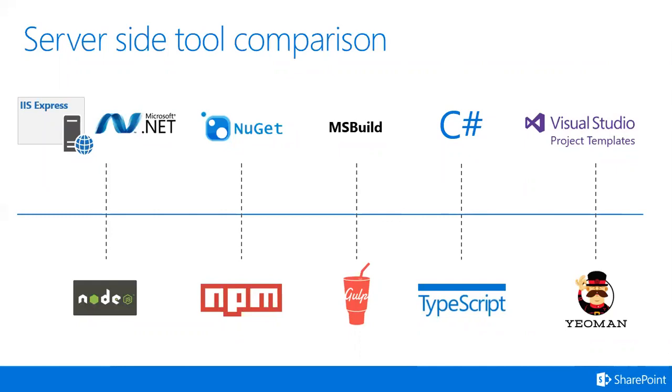Earlier for installing or adding references, we had NuGet packages or NuGet terminal, you can say. Here we have NPM. So don't worry about this if you don't know about these technologies, modern technologies specifically, because I am here to help you and I will cover all these topics. This is the first day of the training and you will be trained in all these topics.